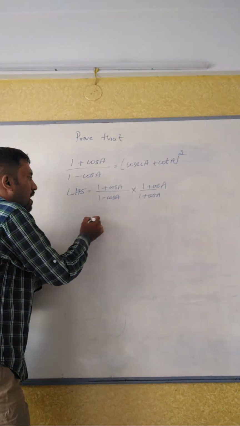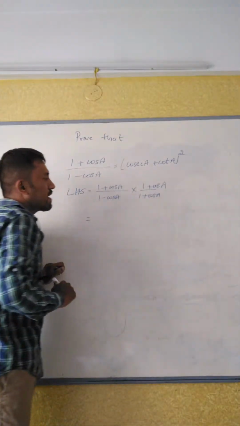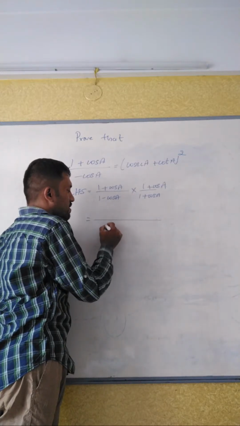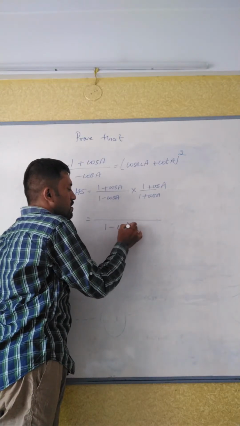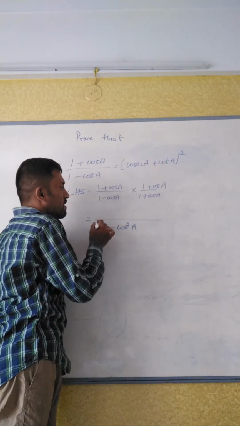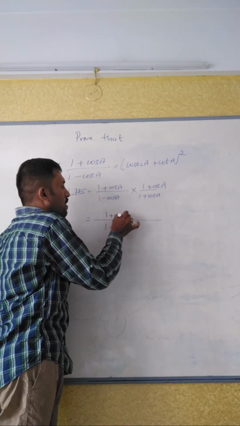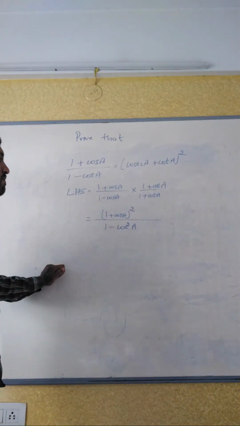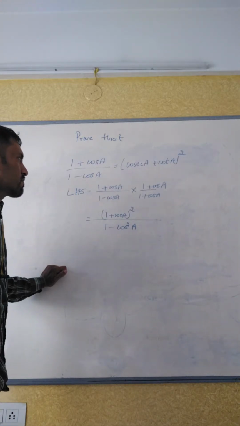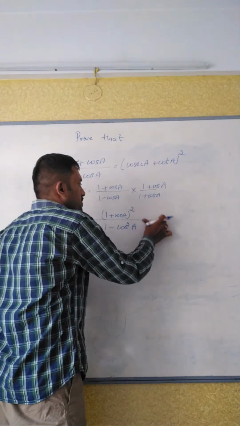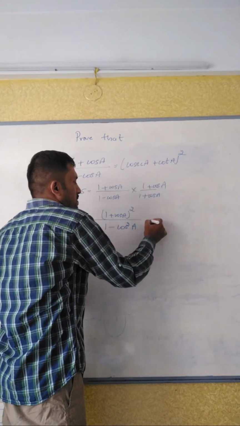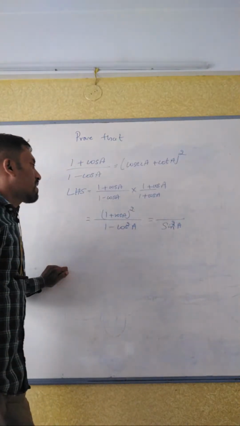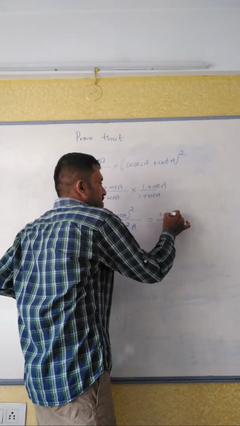So now after this I will multiply along the denominator and along the numerator. So 1 minus cos A into 1 plus cos A gives me 1 minus cos square A in the denominator and 1 plus cos A whole square in the numerator. One minus cos square A, I get sin square A, and 1 plus cos A whole square remains as it is.